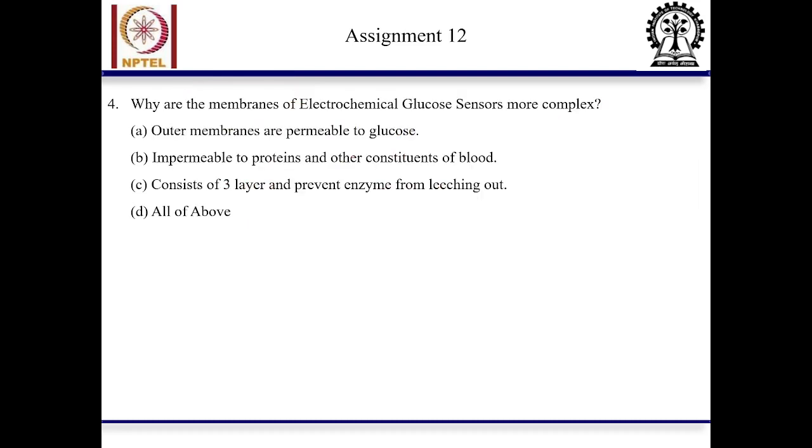So I will come. Okay, what are the membranes of the electrochemical glucose sensor? Why is the membrane of the glucose sensor more complex? So first, the outer membrane is permeable to glucose, impermeable to protein and other constitutive fluid, consists of 3 layers and prevents enzyme from leaching out. All of the above. Can anyone just answer?